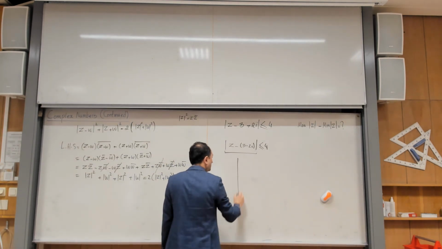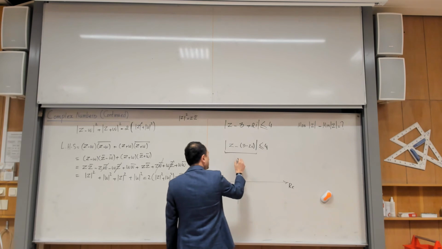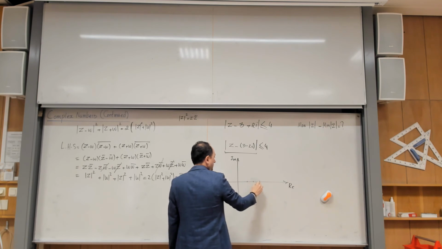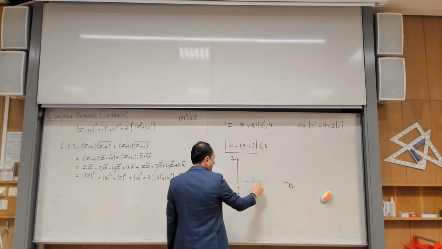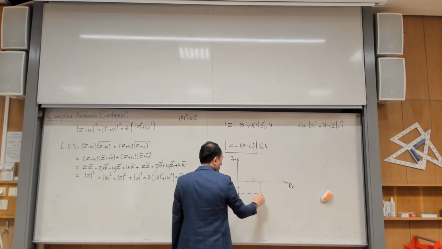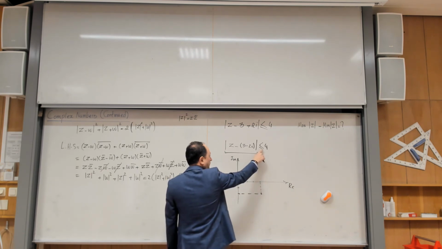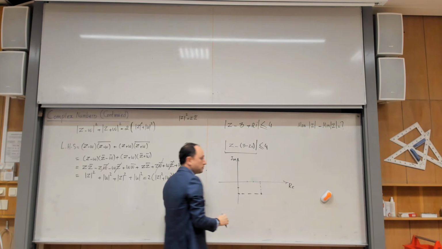So what I do, I go to the plane, real part and imaginary part, and then the real part is 3, 1, 2, and 3. The imaginary part is negative 2. So this is the center. The distance from z to this point should be 4, which becomes a circle, or less than 4, which becomes inside the circle.